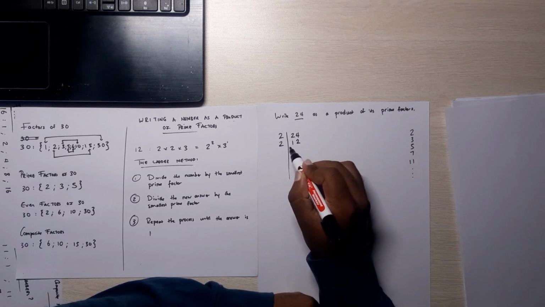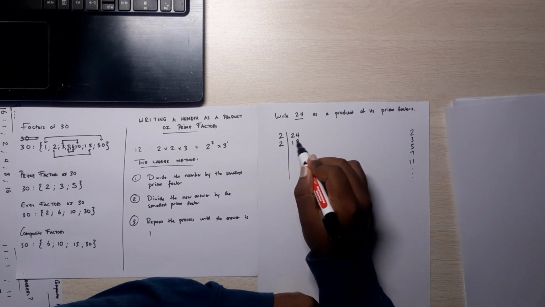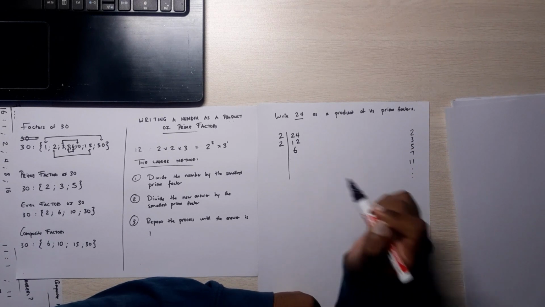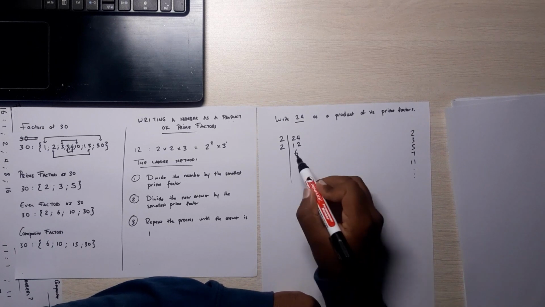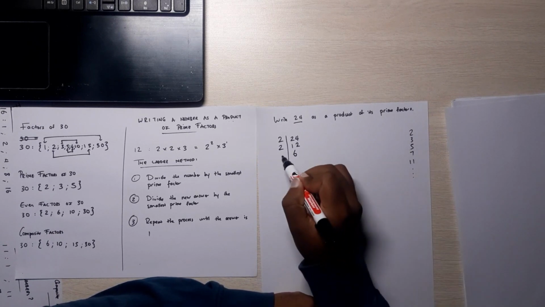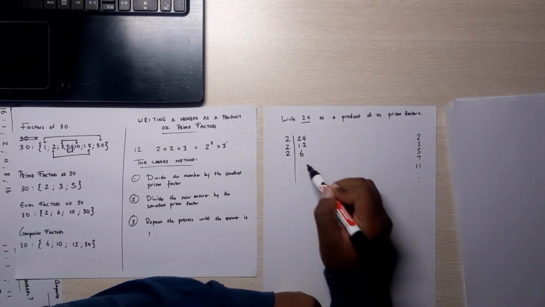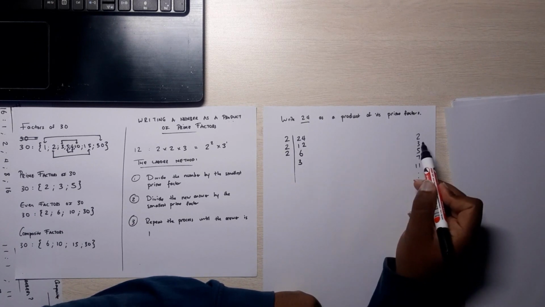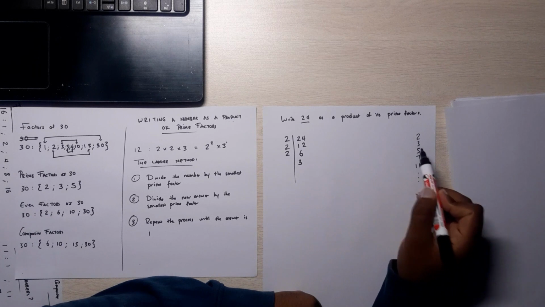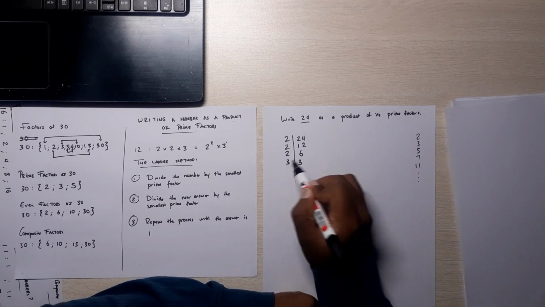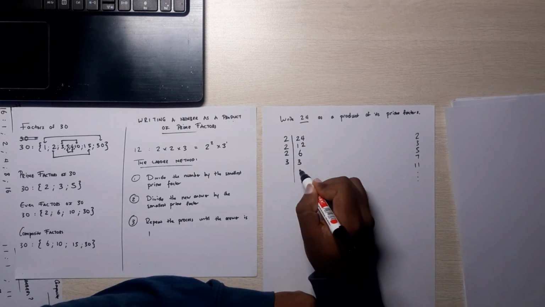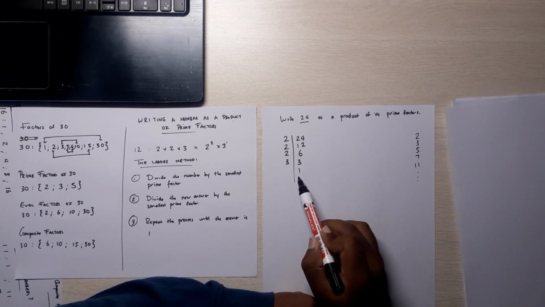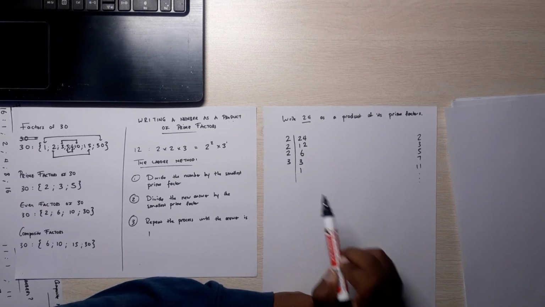What's 12 divided by 2? 6. Can 6 divide by 2? Yes. The answer? 3. Can 3 divide by 2? No. Can 3 divide by 3? Yes. What's 3 divided by 3? 1. So we have gotten the answer of 1. Can you see it? Got it?